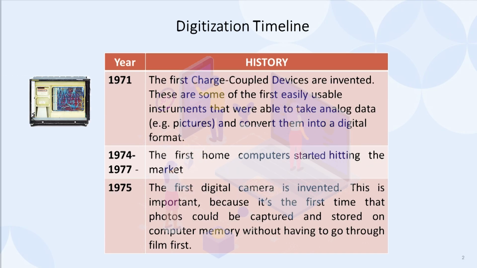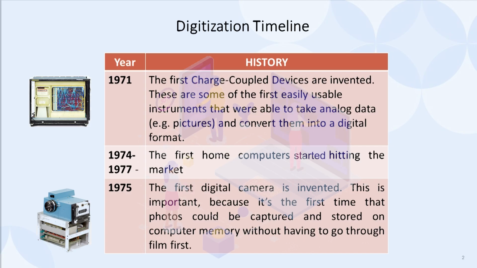In 1971, the first charge-coupled devices were invented. These were some of the first easily usable instruments able to take analog data, that is pictures, and convert them into digital format. Then from 1974 to 77, the first home computers started hitting the market.